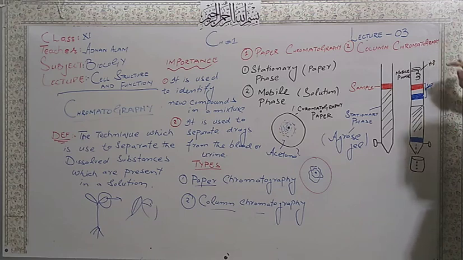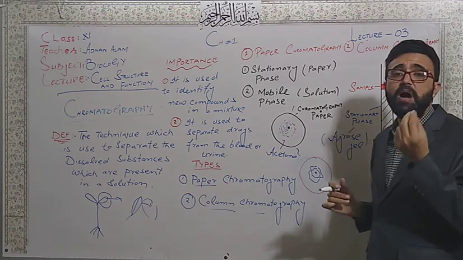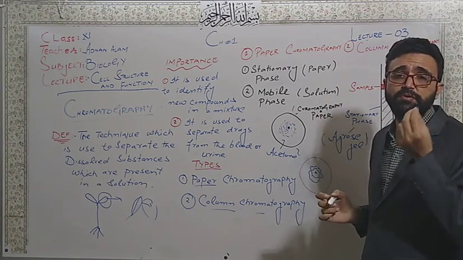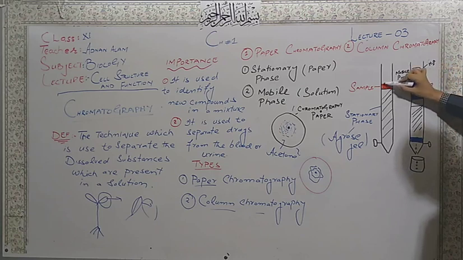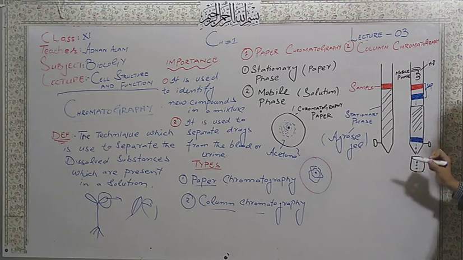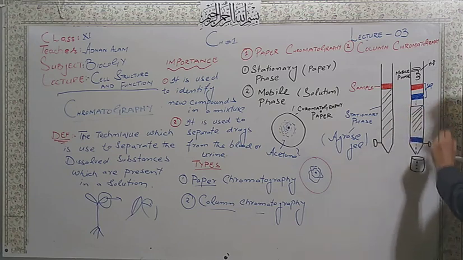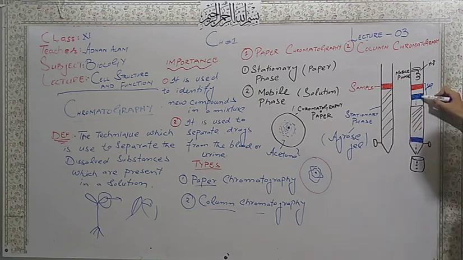For example, I want to separate the water soluble compounds from the sample. So when I put the water, the water soluble compounds present in the sample will start to go down, and the small pores present in the agarose gel will allow the movement of these compounds, and simply we will take those compounds which are water soluble.